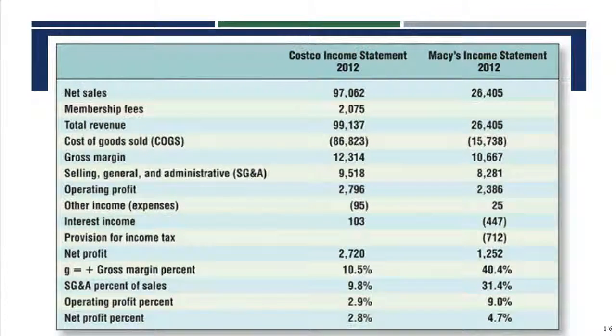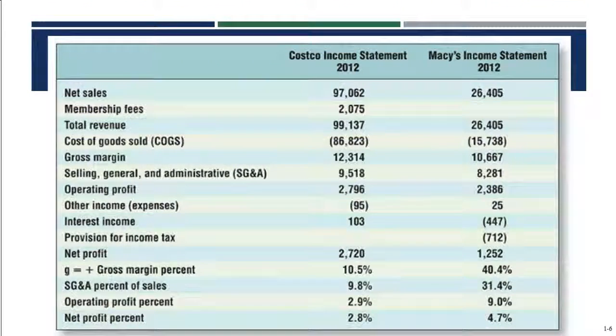Think about what goes into the SG&A: salaries, operating expenses. Costco has less customer service. They can pay their employees less because they offer less customer service. Macy's must pay their employees more because they have a higher level of service.